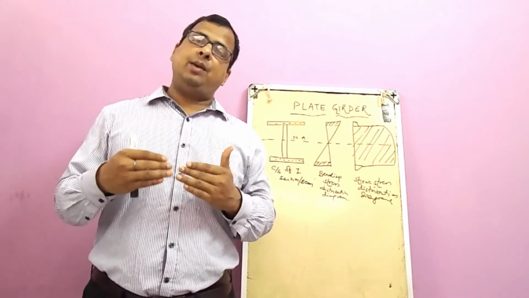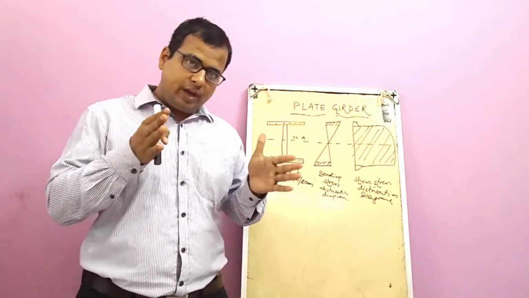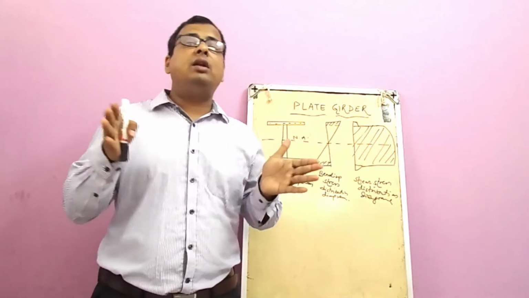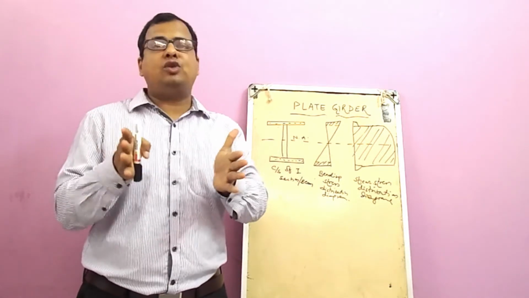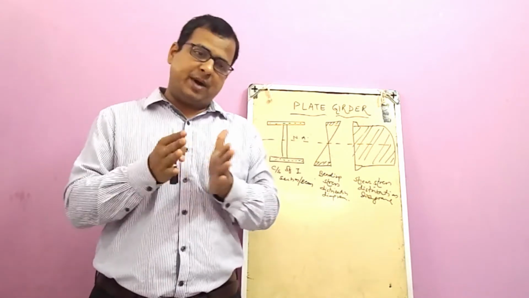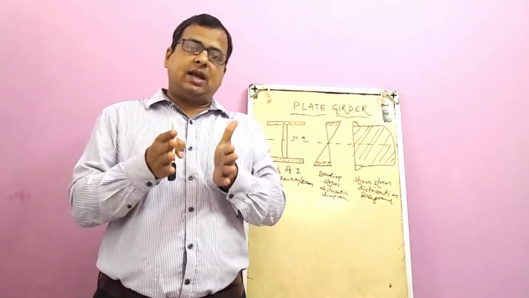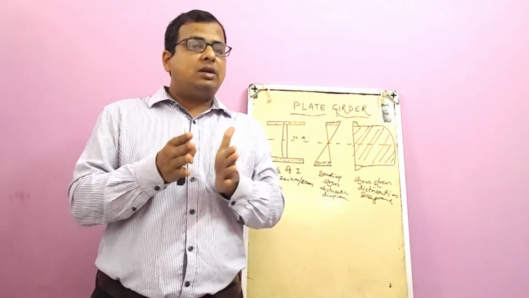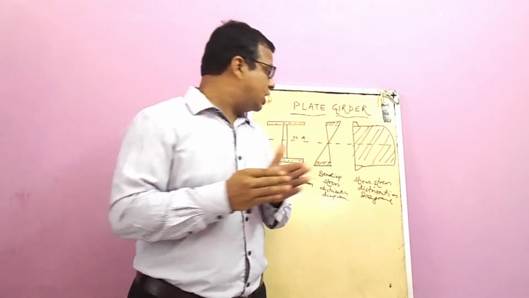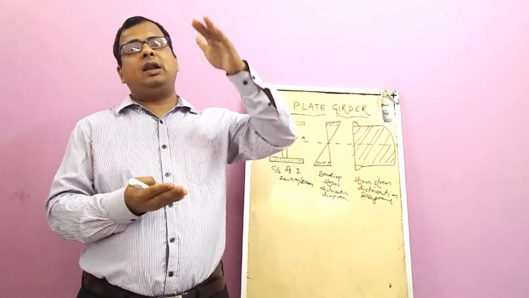Our first aim is to reduce the cost so our section should be economical. So we will decrease the thickness of the different elements, meaning flange plate or web plate. When we decrease the web thickness, definitely we will get the economy. So we will decrease the thickness and increase the height.